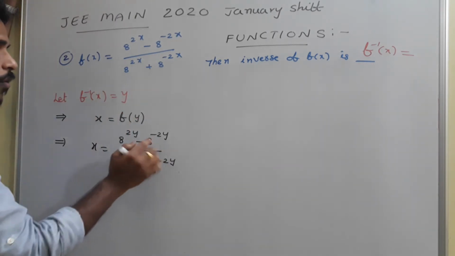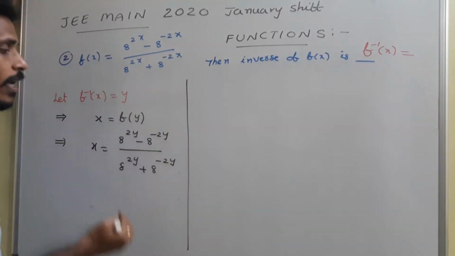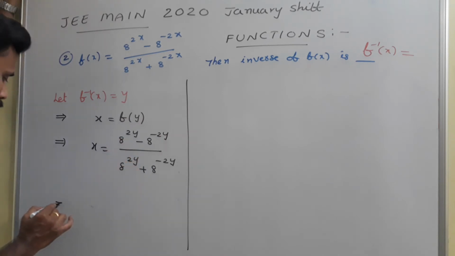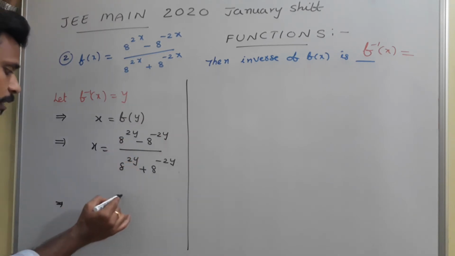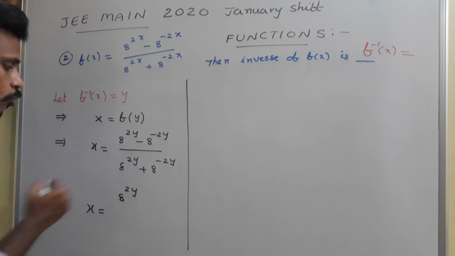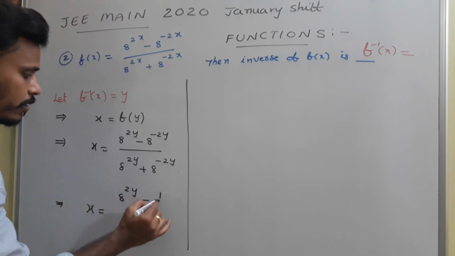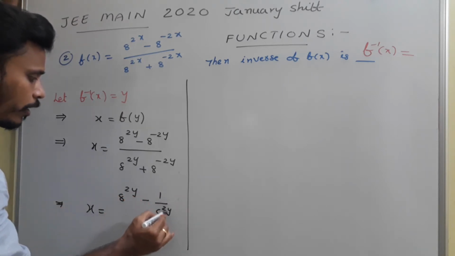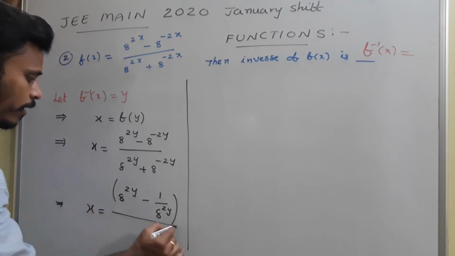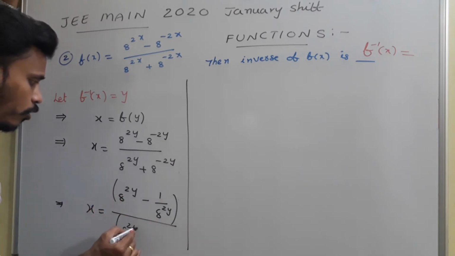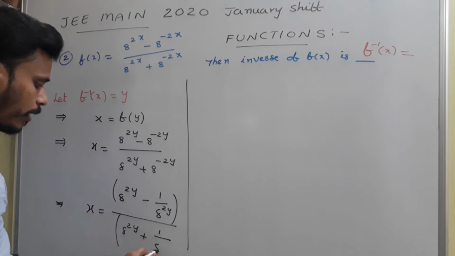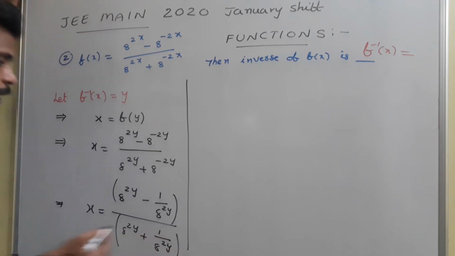For that, write this 8 power minus 2y as 1 by 8 power 2y. So this implies x is equal to 8 power 2y minus 1 by 8 power 2y is the numerator divided by 8 power 2y plus 1 by 8 power 2y is the denominator.